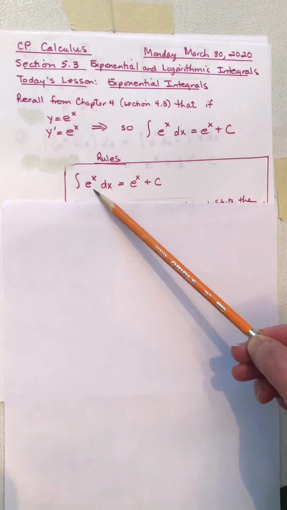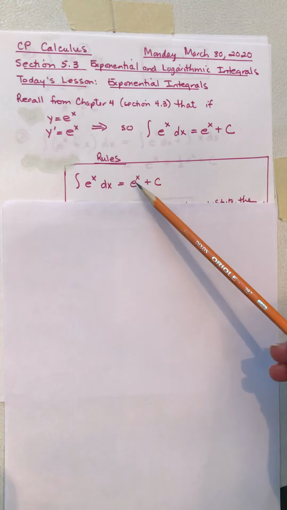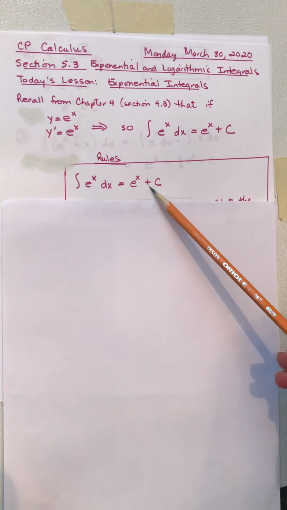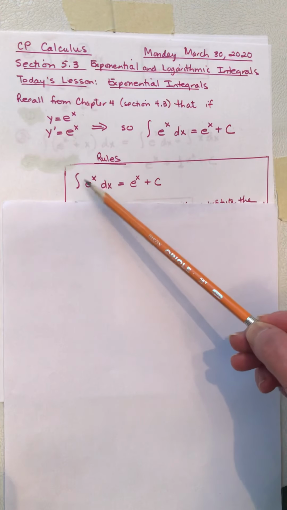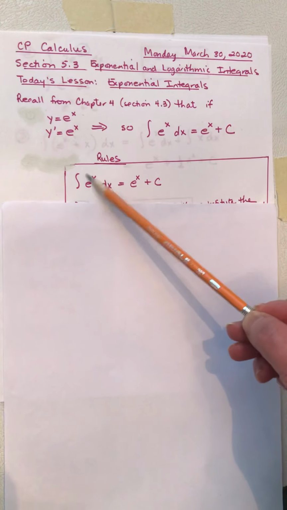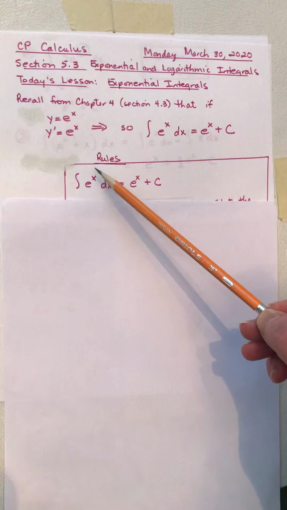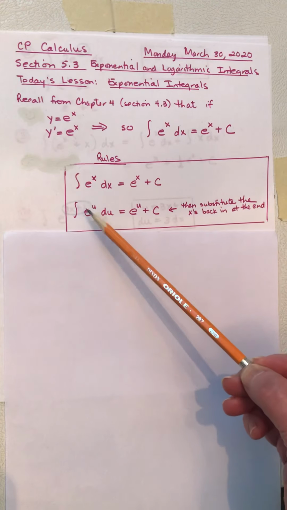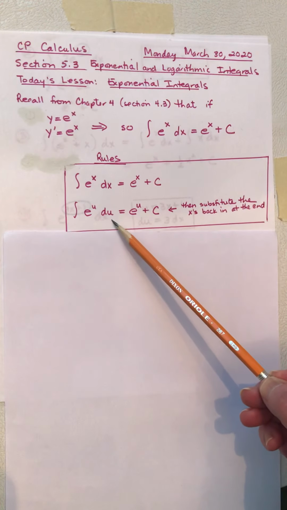So there are two rules really here. One is that the integral of e to the x dx is just e to the x plus c. But let's suppose the problem is more than just e to the x. It's e to the some function of x. Then we can do a u/du substitution, which you'll see in a minute, and we'll reduce our problem down to the integral of e to the u. So if we integrate e to the u du, guess what we get?